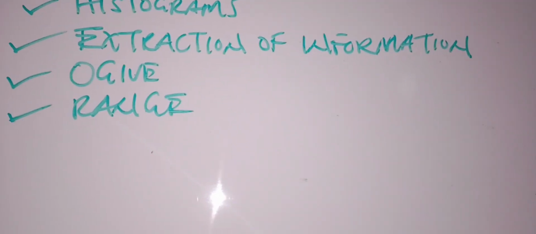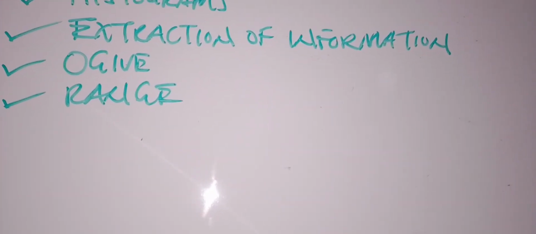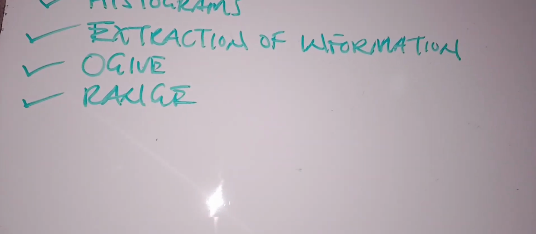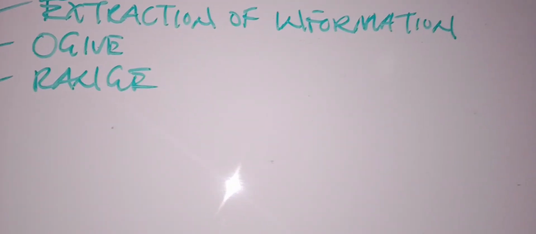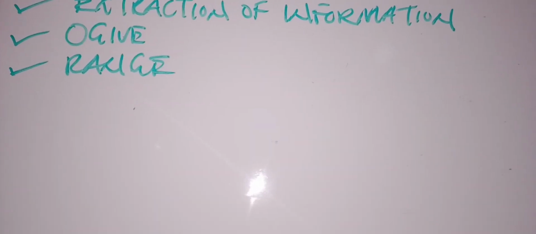The range is the highest score minus the lowest. So that's how we find the range, and that's why we use the ogive to show how data accumulates over a range.